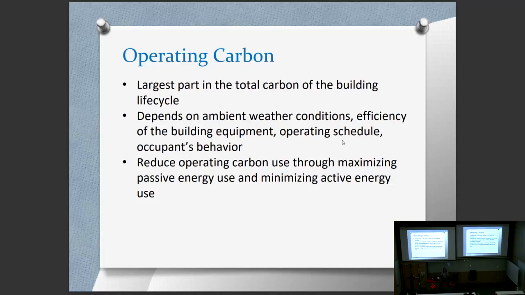And also the occupancy density, how many occupants are inside the building, and the occupants' behavior, whether they will switch off the lighting when they leave the office and so on. Reduce operating carbon use through maximizing passive energy use and minimizing active energy use.